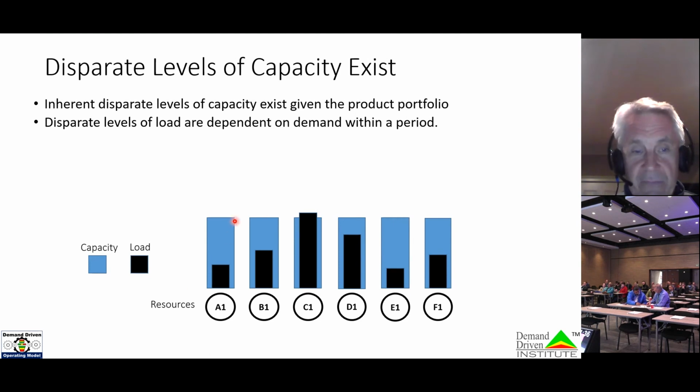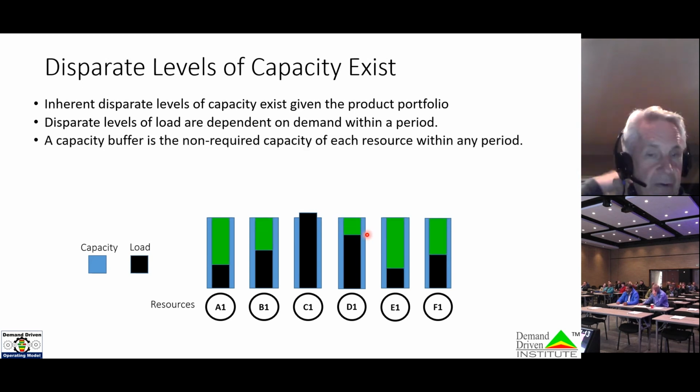And you can imagine if this blue bar is the full capacity, then the load against that will not always be equal. In fact, if you try to make it equal, you're going to introduce the challenge of having greater risk for variation impacting your environment. This is going to be your drum resource here, and you want other resources to have excess capacity because they help protect against whatever variation.